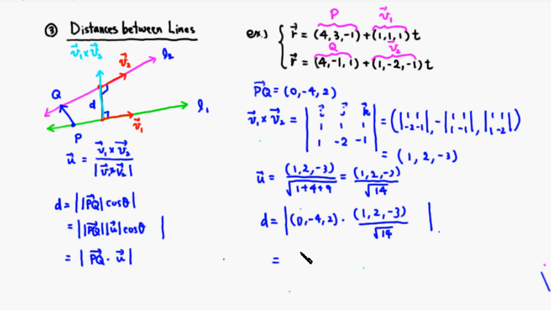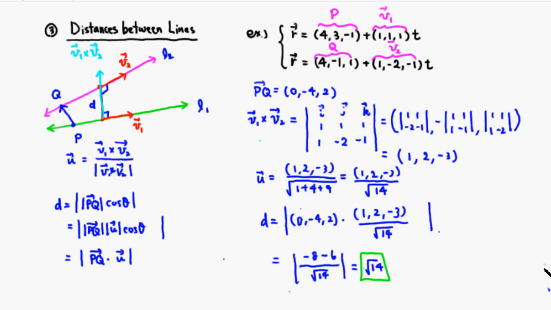That's 0, negative 8, and minus 6, over square root of 14. So it's negative 14, but the absolute value 14 divided by square root of 14 is square root of 14. That's the distance between the two lines.